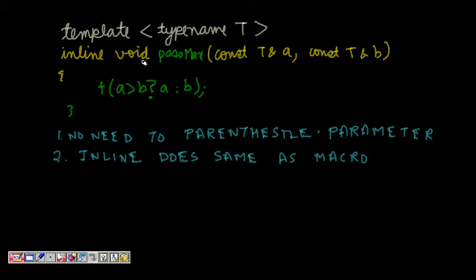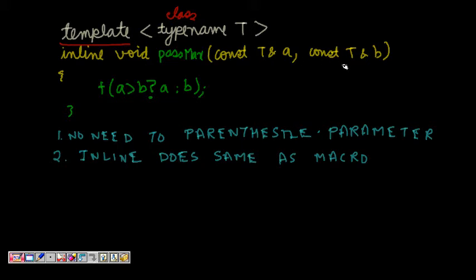As we are taking any variable type, we should use templates. I define template <typename T>, where you can write either class or typename, taking them interchangeably. Then I write inline void pass_max, the function here, and it takes const T& a, const T& b.